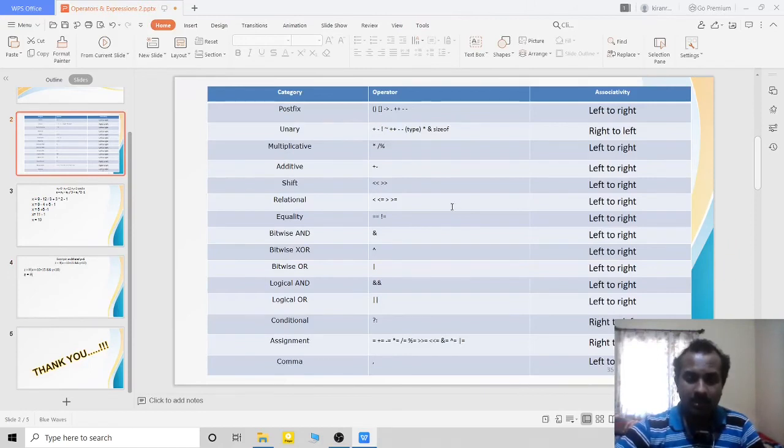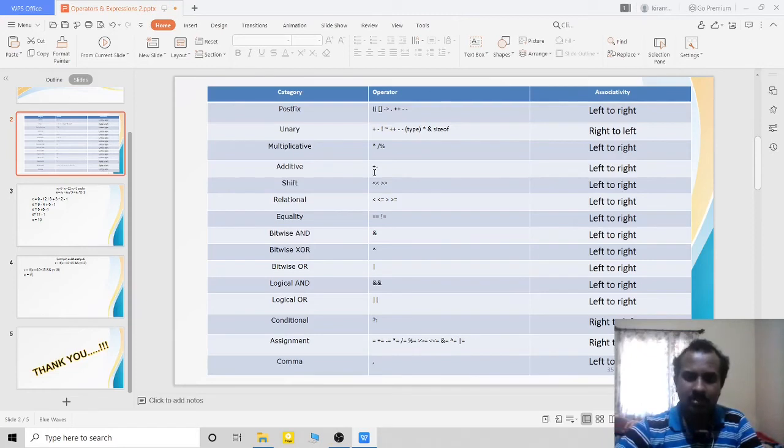If you come and check here, plus is coming here. Then I have the greater than and lesser than, which are relational. Then I have the equality, that is double equal to. Last I have the logical and.